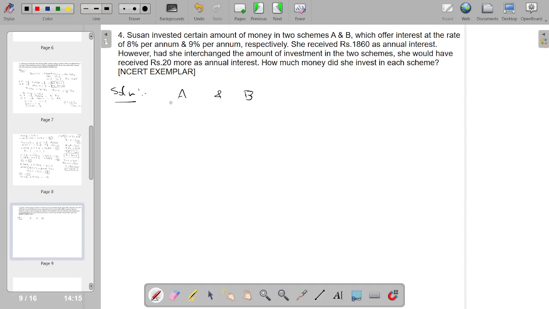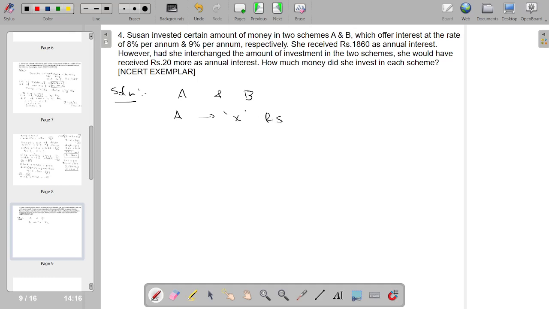Which offer interest at the rate of 8% per annum and 9% per annum, that is, scheme A gives an interest of 8% and scheme B offers an interest rate of 9% respectively. So going by this, she has received 1860 rupees as annual interest. This is the amount she has received. So let's say she invested X rupees in scheme A.